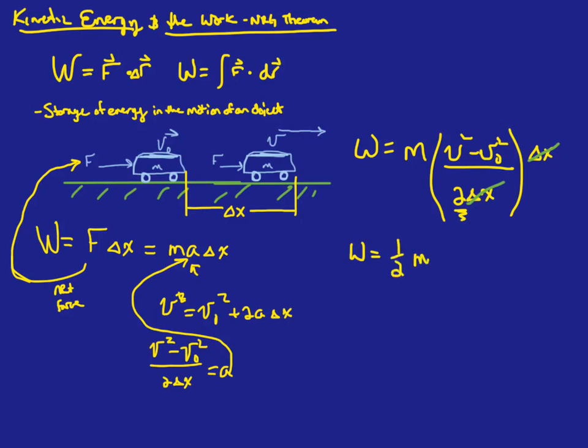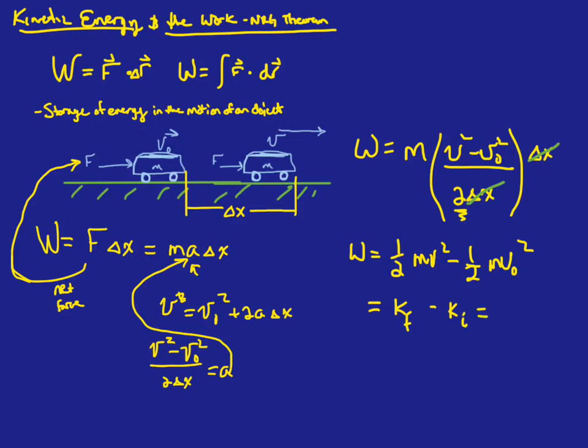So we're going to wind up with our work equaling 1/2 mv squared minus 1/2 mv naught squared. But what is 1/2 mv squared? 1/2 mv squared is our formula for kinetic energy. So what this really winds up being is our final kinetic energy minus our initial kinetic energy.